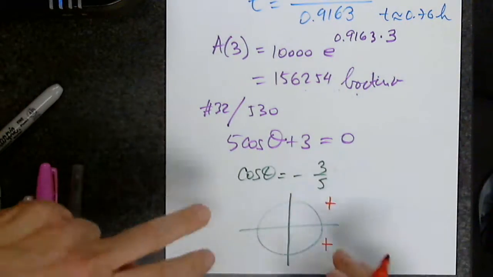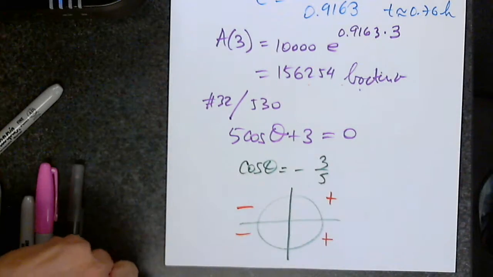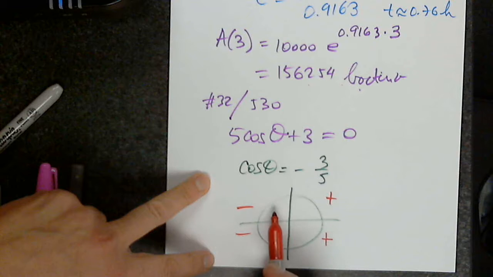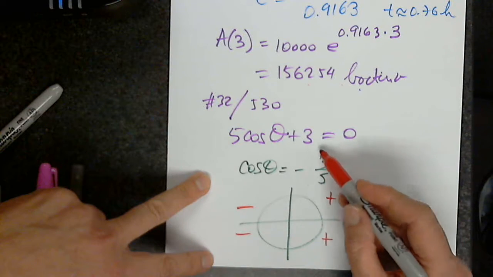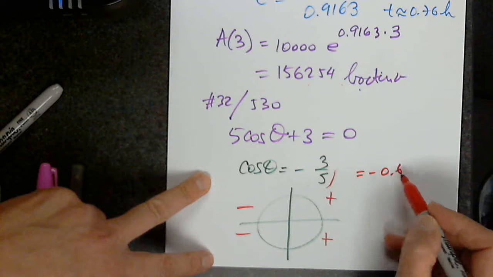I meant to say negative. I'm sorry. Yes, it's positive. So this is negative. Good. So I will have to determine 2 angles. One that ends in the second quadrant and one that ends in the third quadrant. Okay. Now, I don't know what this piece is. It's negative 0.6.